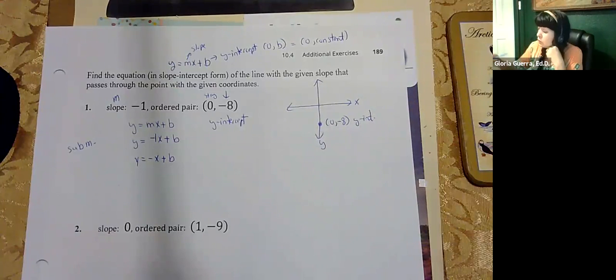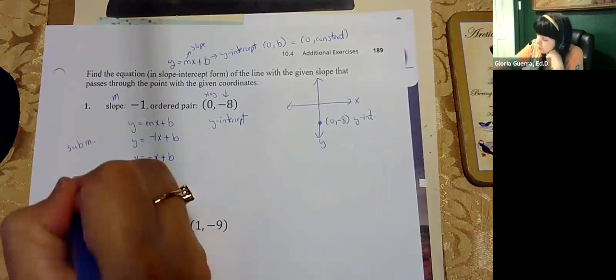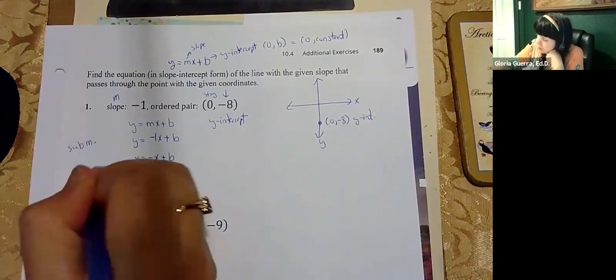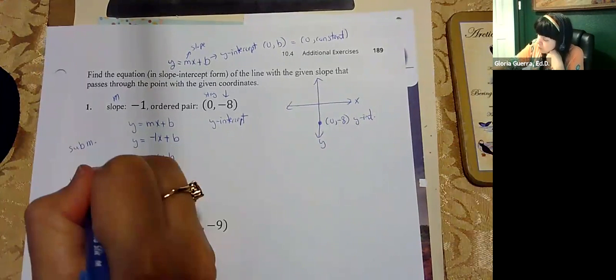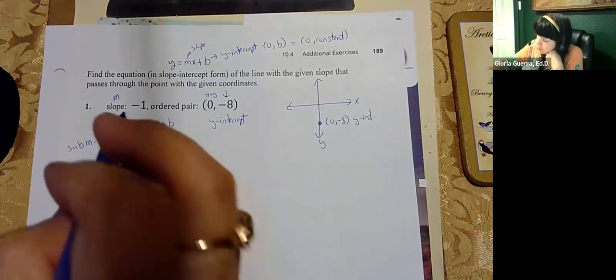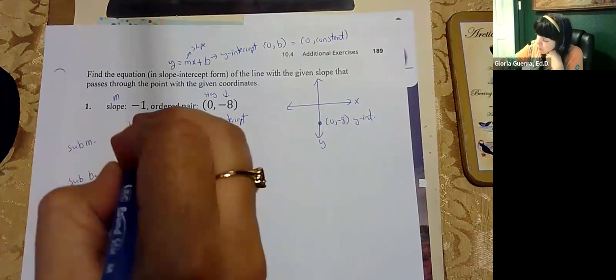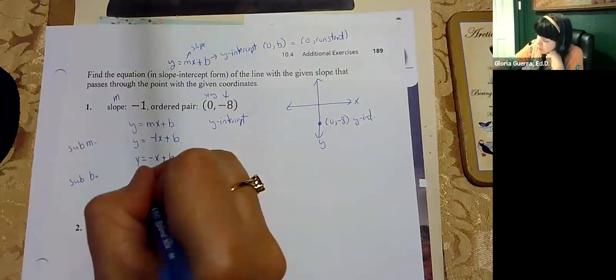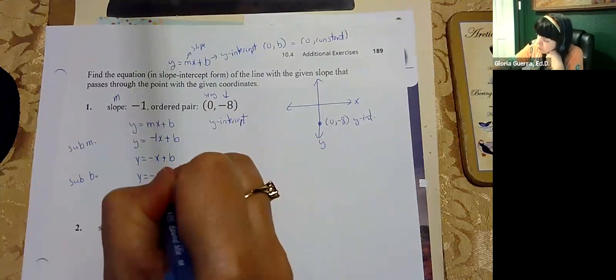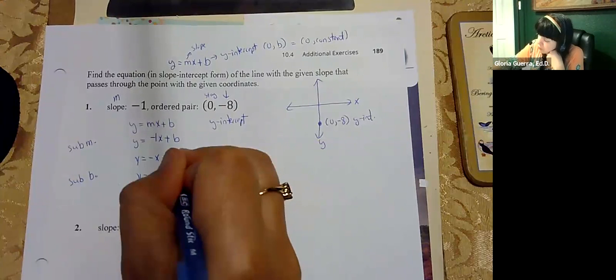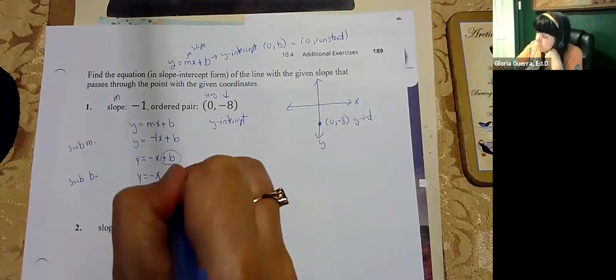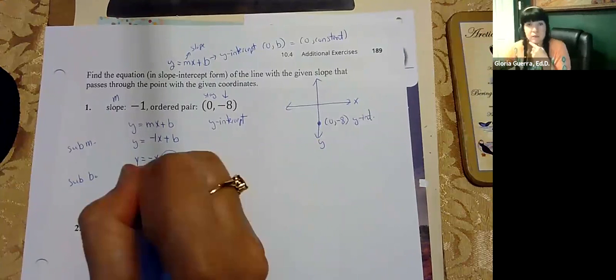Okay, so you're going to just substitute b, and b is -8. So y is equal to -x, and right here where you have plus b, you're going to put -8, because that's what it is.